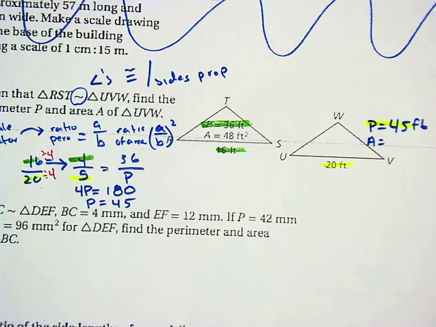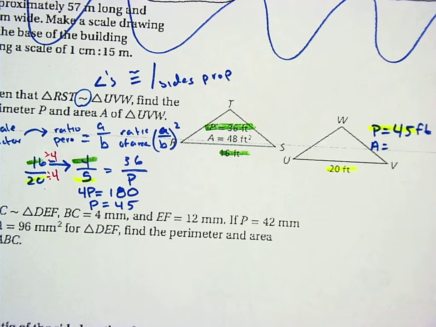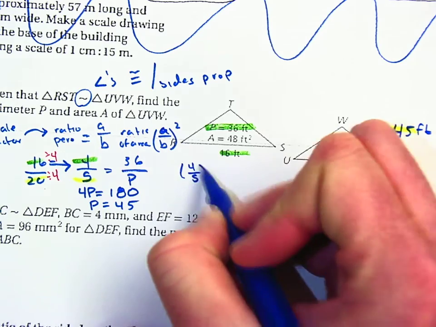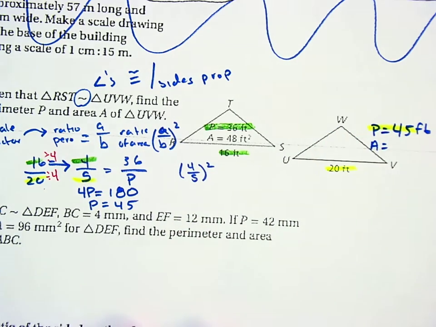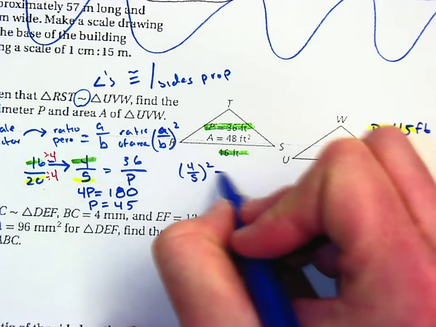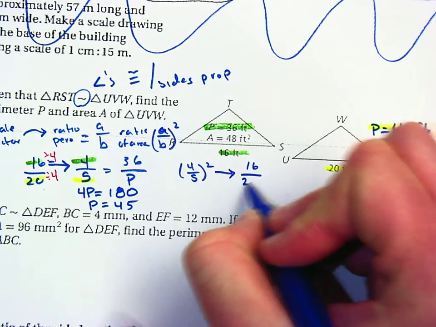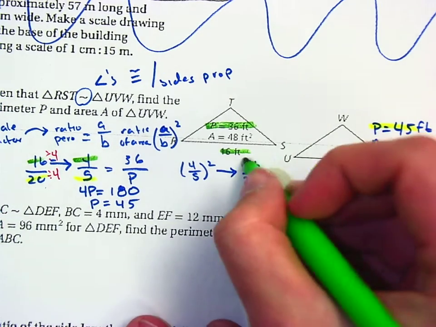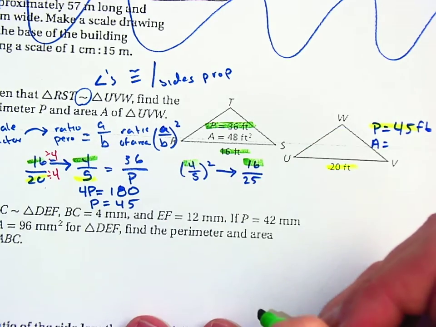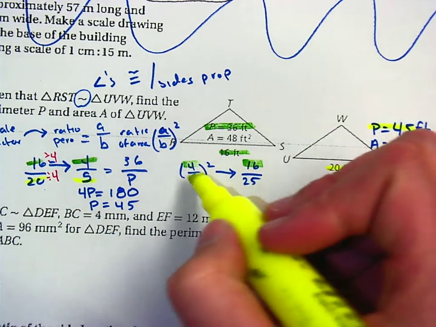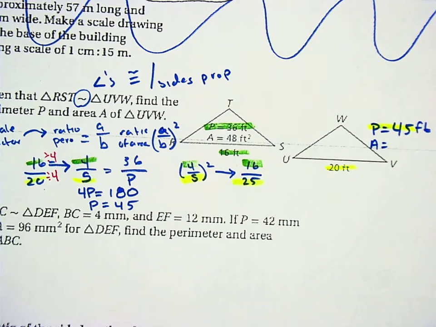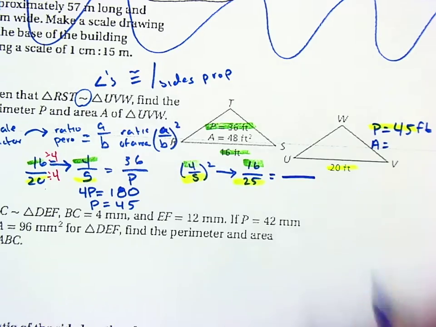Okay, well I want to find area now, so I need the ratio of the area. In order to find that, I do 4/5 squared. Well, 4/5 squared is just 16 over 25. And notice I still have small over big. Now I have my ratio of the area, so I can compare areas.